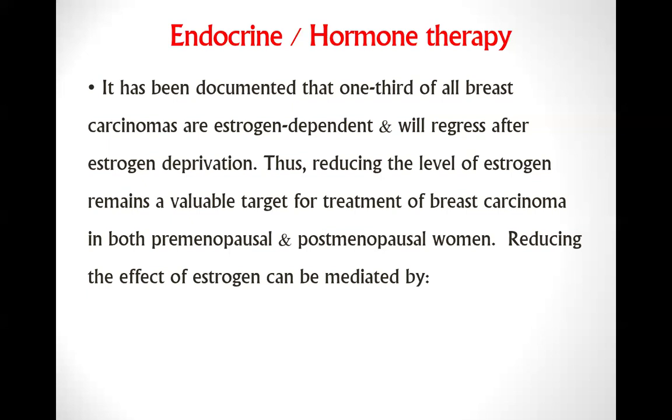If you cut down the supply of estrogen, then there will be no more proliferation or growth or division of estrogen responsive cells. Thus, reducing the level of estrogen remains a valuable target for treatment of breast cancer in both premenopausal and postmenopausal women. Now, conceptualize, think, how can you cut down the supply of estrogen?